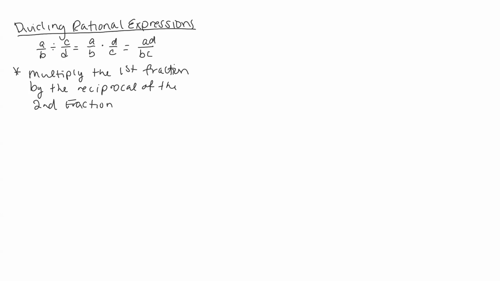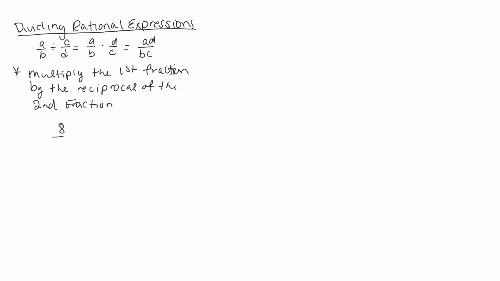But first, let's go ahead and look at an example so that we know what's happening. Now, with this A over B divided by C over D really equaling A over B times D over C, which equals AD over BC, keep in mind that we actually simplify first, okay? So we simplify on our way to getting A times D over B times C. So let me show you.